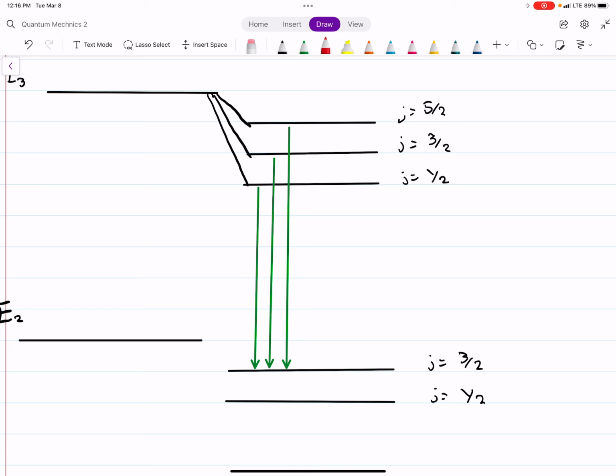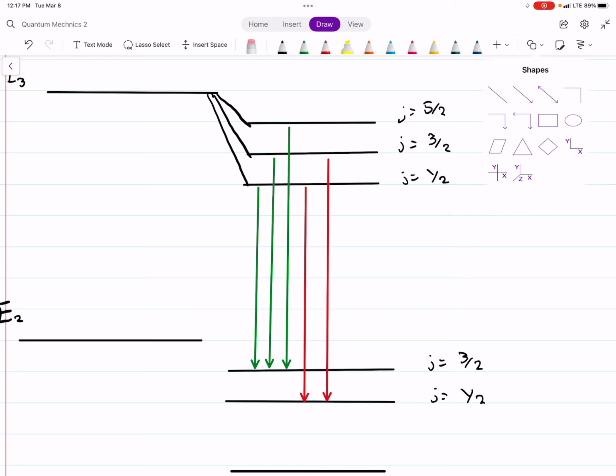And then we can do the same thing, but instead of going to the 3/2, we go to the 1/2 level, because that's a really thick arrow. Let me lower that a little bit. Okay, so you can count these up.